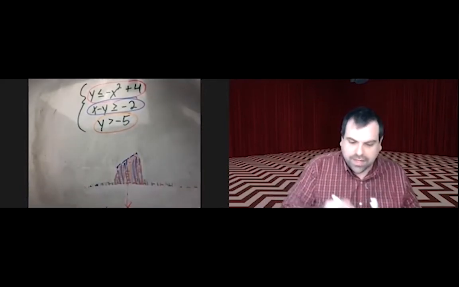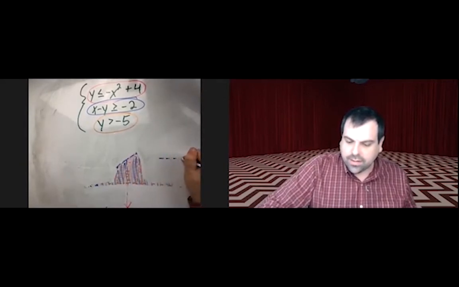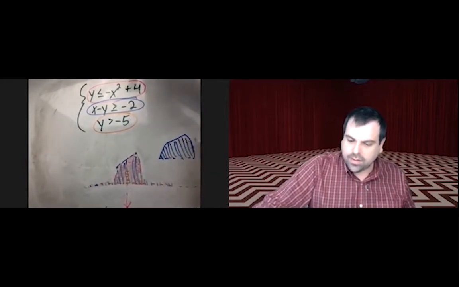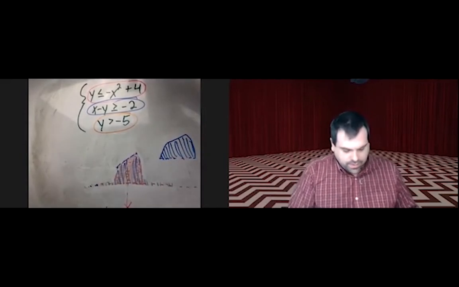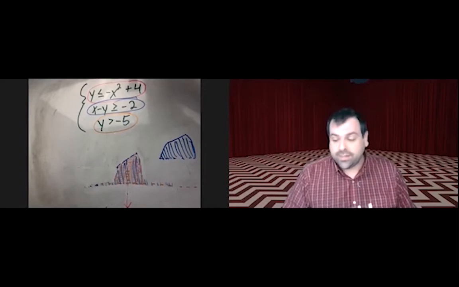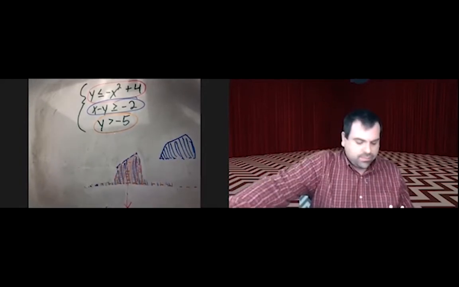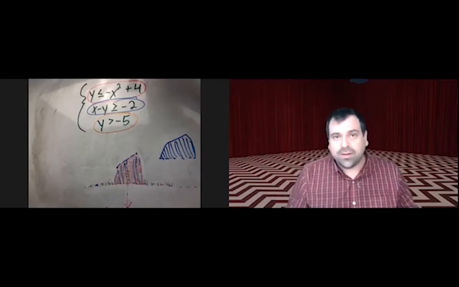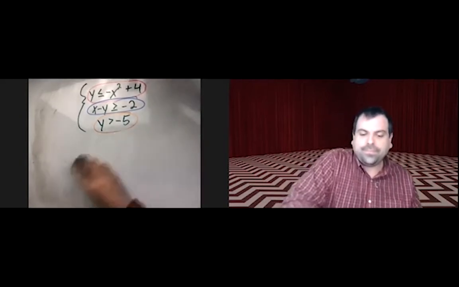So it's almost like we have this weird shape here. The intersection of all three shaded regions. So that's what a system of inequalities is and how we would deal with that.